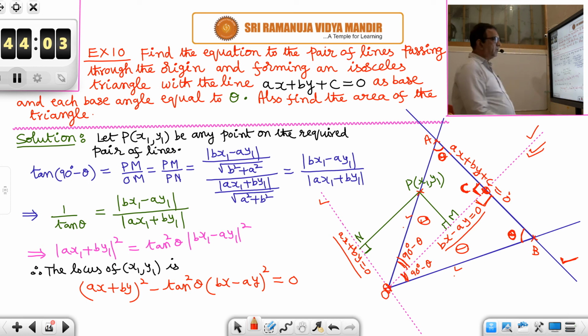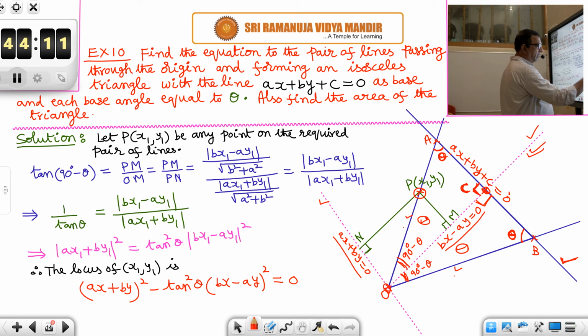Now to get the equation of the pair of lines, take any point anywhere on the required pair of lines, let it be P(x1, y1). From there you drop a perpendicular to this pink dotted line, PM, and another pink dotted line, PN. Draw two perpendiculars.